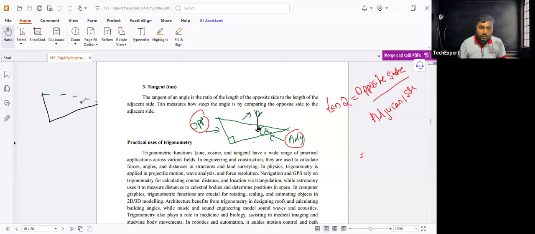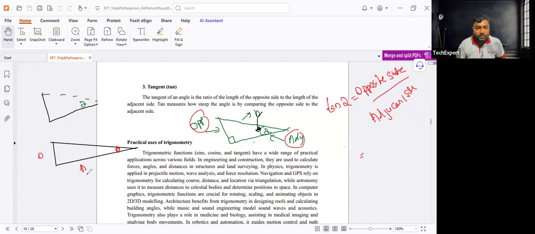I will take this as theta. Then I will do another triangle like this. This is the angle. This becomes the opposite side and this becomes the adjacent side.